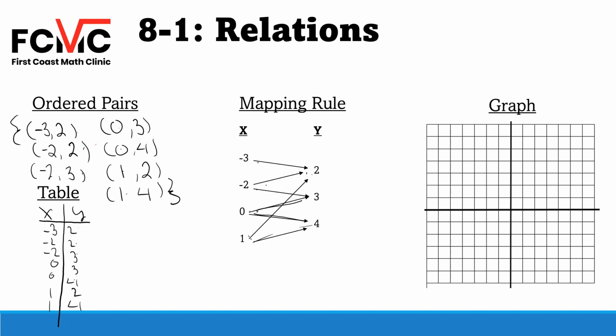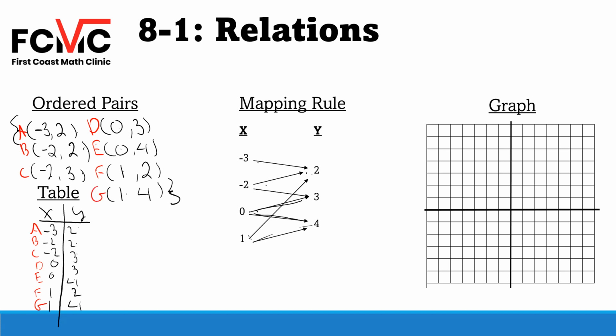Let's create our graph. So these are going to be points A, B, C, D, E, F, and G. I'll label these A, B, C, D, E, F, G, because these points are a little easier to see.